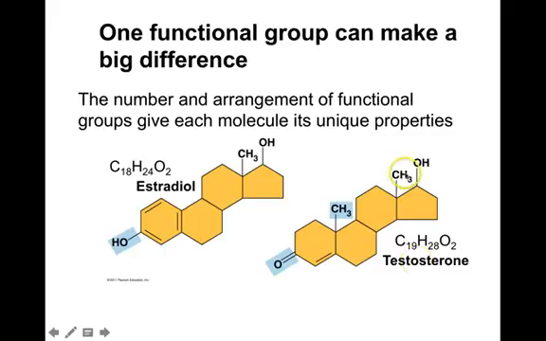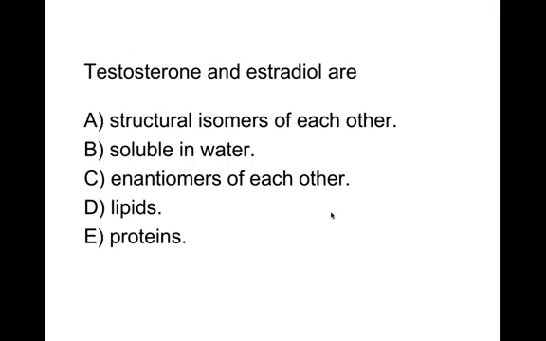So these functional properties, which are the tail molecules attached to the carbon skeleton, they make a huge difference. They play a major role in giving the specific properties and functions to the molecules.